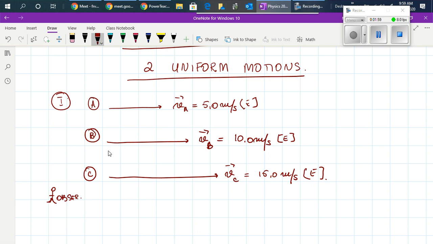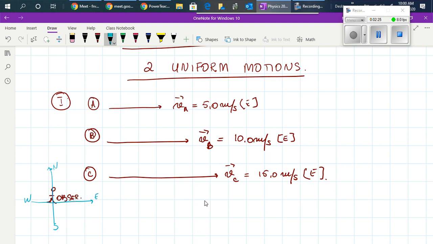The observer sees whatever we described, because the velocities A, B, and C are in relation to the observer, meaning that the observer is carrying the system of reference, which in our mind is the northeast, southwest axis.